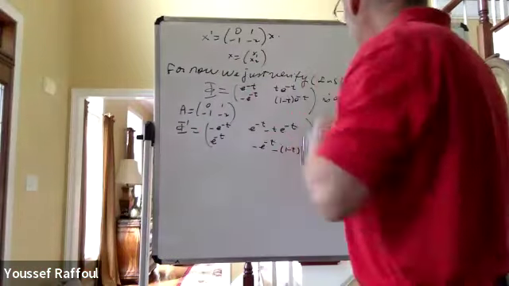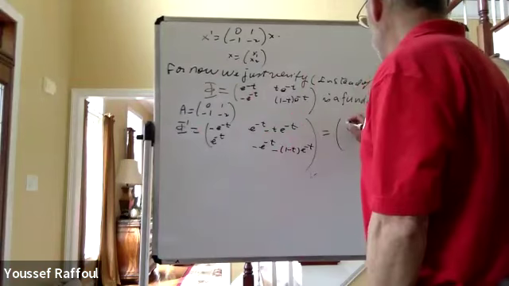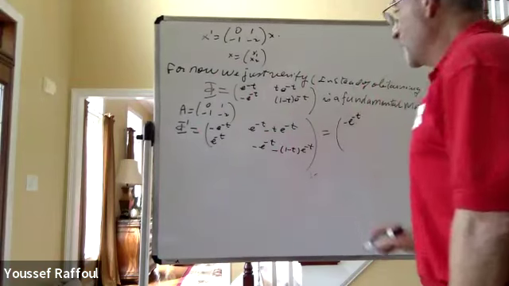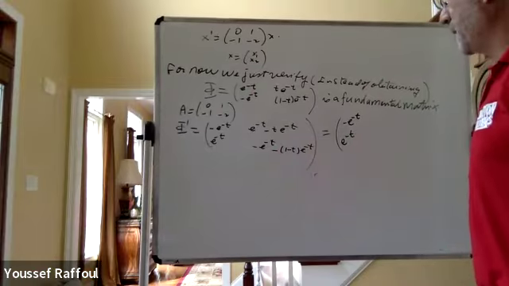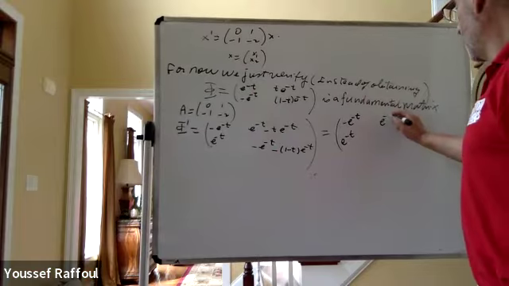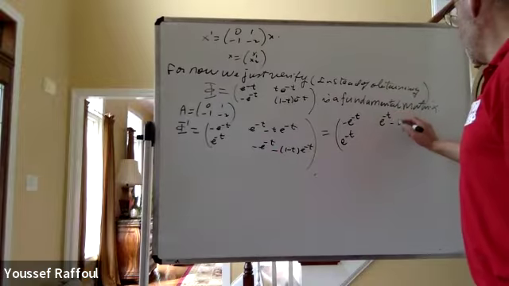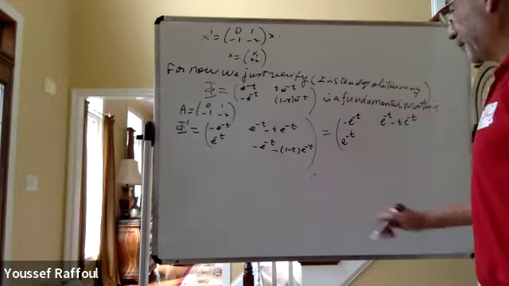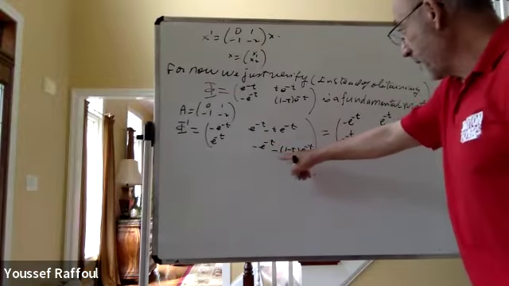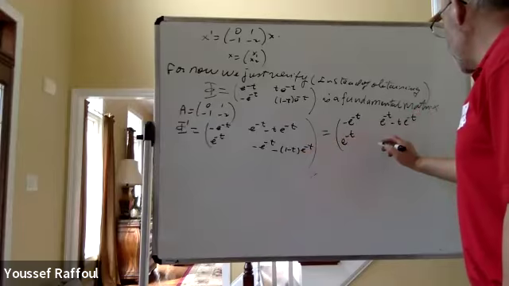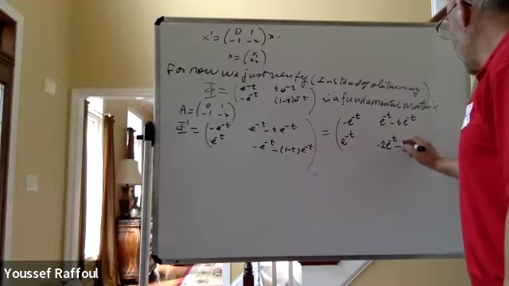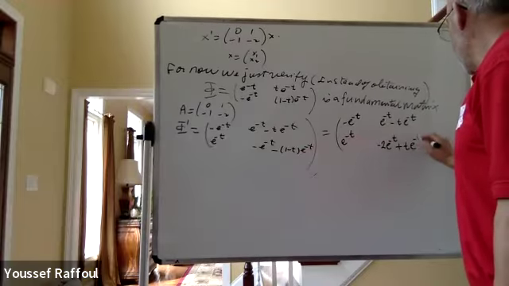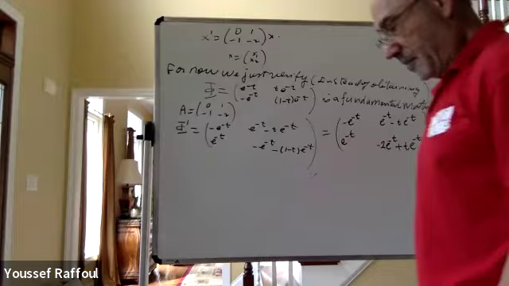And if I simplify this, this is minus e to the minus t, e to the minus t, e to the minus t minus t e to the minus t, minus e to the minus t, and minus e to the minus t, I have minus 2 e to the minus t plus t e to the minus t.